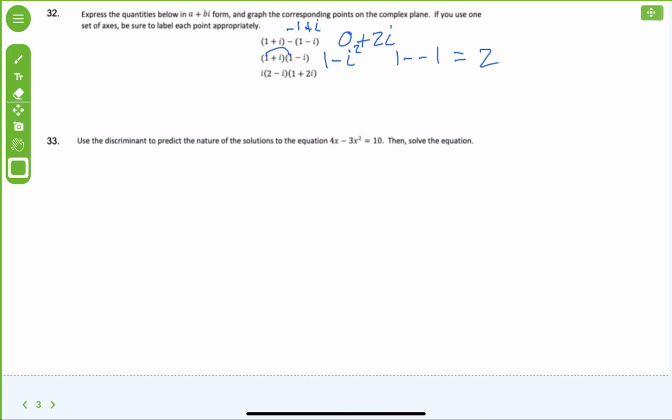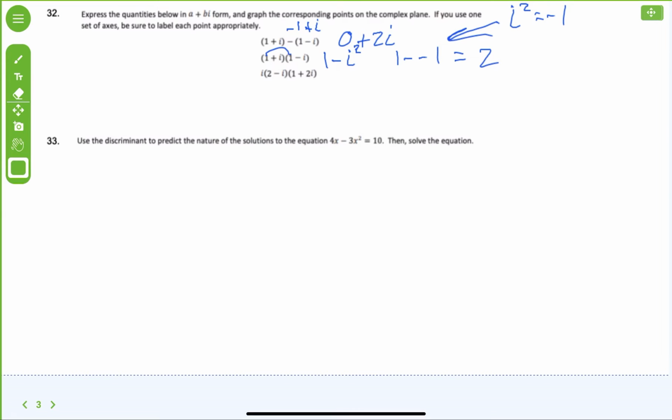Okay, so let's see down here. This will be a complicated one. This one's going to take a while. So let me go back up here. Remember that i squared is equal to a negative 1. You always need to remember that. That's going to help you here. So let's do this one.